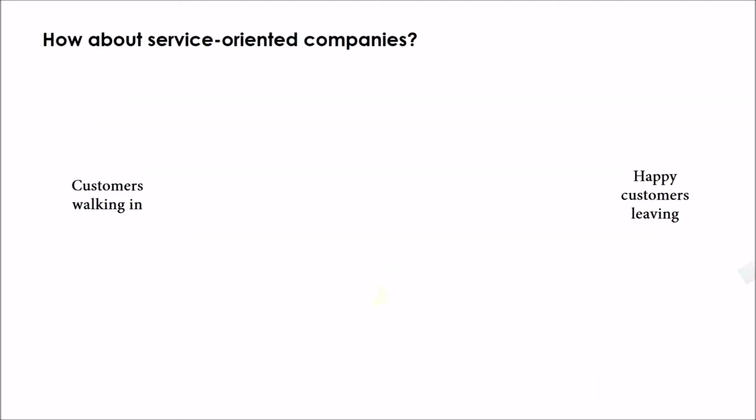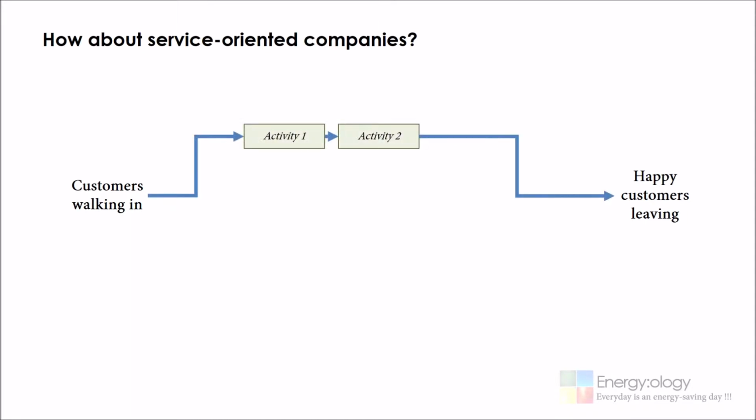In a service-oriented organization, we are now talking about customers coming in and the various activities before the customer leaves the organization. Now, in some organizations, it is a straightforward activities. In some organizations, such as a restaurant or a hospital, there are multiple processes that occur within the company.